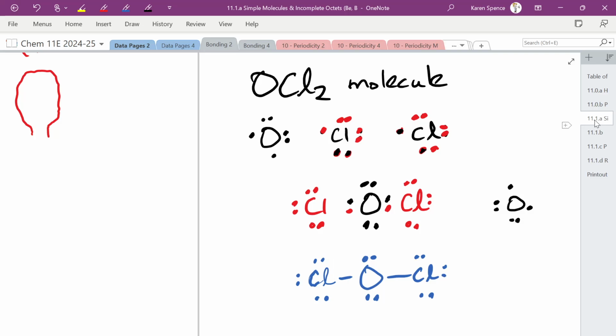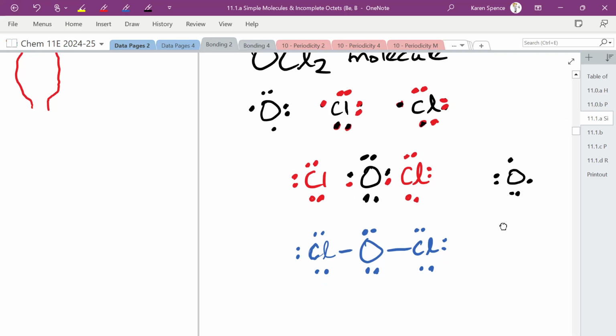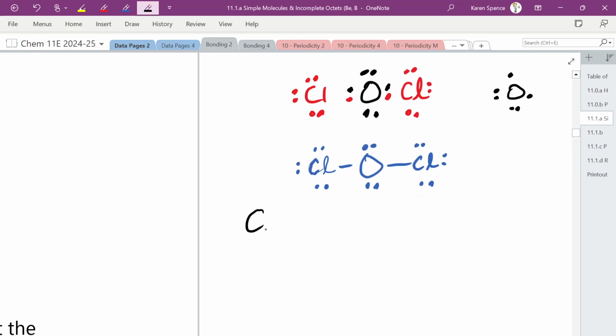So that's the OCl2. I would like you to draw a Cl2 molecule, and I would like you to draw an O2 molecule.